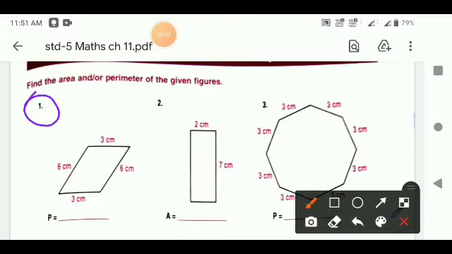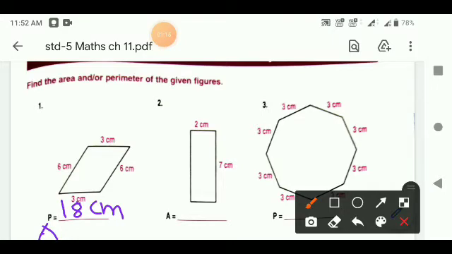Here we have to add all: 6 cm plus 3 cm plus 6 cm plus 3 cm. So if we add 6 plus 3 plus 6 plus 3, we will get 18 cm. So the perimeter of this figure is 18 cm. Write 18 cm.